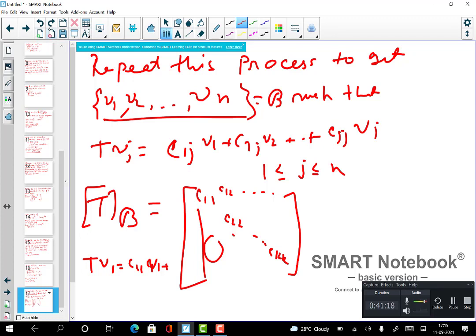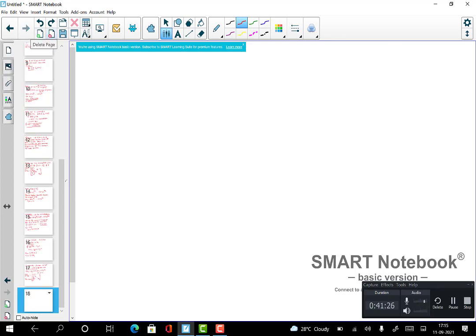Now, can you relate this to diagonalization, which we have already discussed? And the answer is yes. This is a very important theorem. With the same conditions, V is finite dimensional, everything.